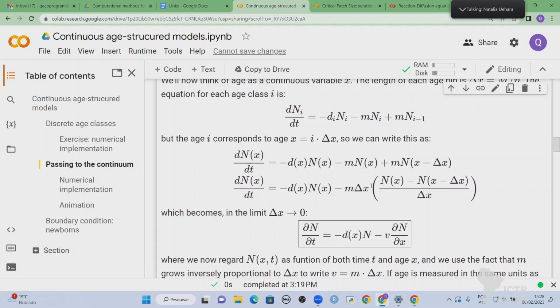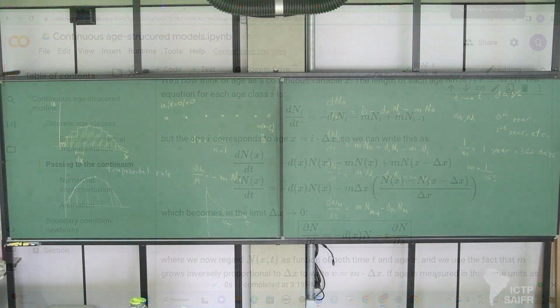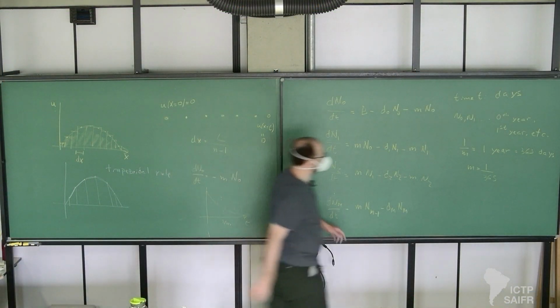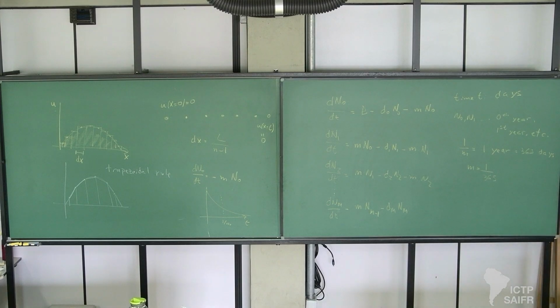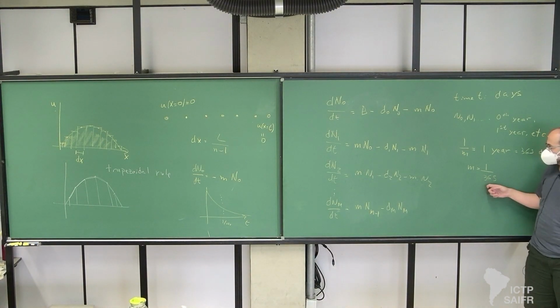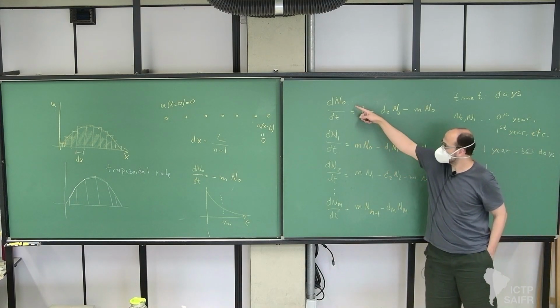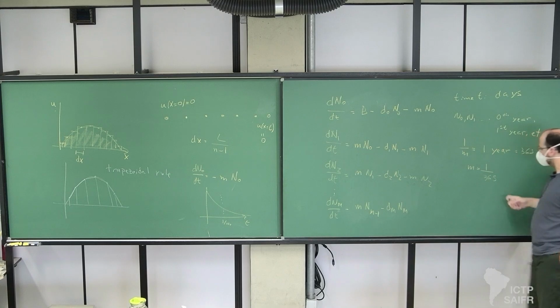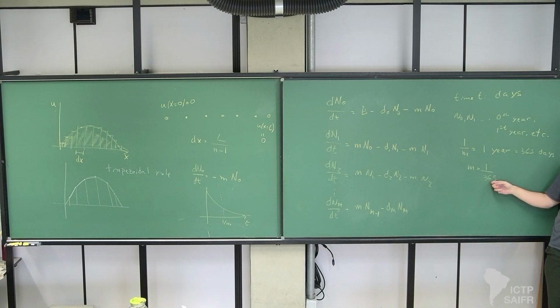Let me go to the board just to remember this. Remember that this 1 over 365 was there because the length of each age bin was 365 days, okay? So if the length of each age class is, I don't know, something like 30 days, m is going to be 1 over 30.